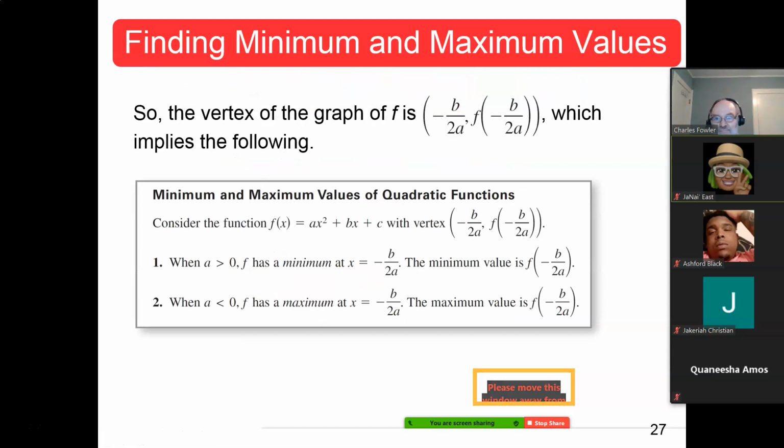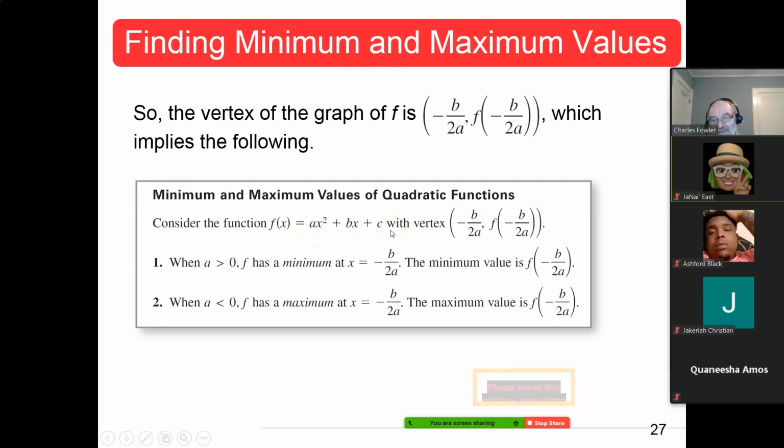So this implies the following. The minimum and maximum values, guess what? Your vertex is always either the minimum value if a is positive, the maximum value if a is negative. So, without having to reinvent the wheel or go through getting it in standard form again, all you have to do is consider the function f of x equal ax squared plus bx plus c.